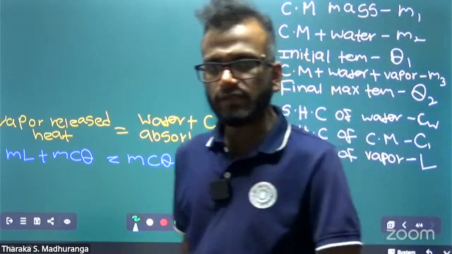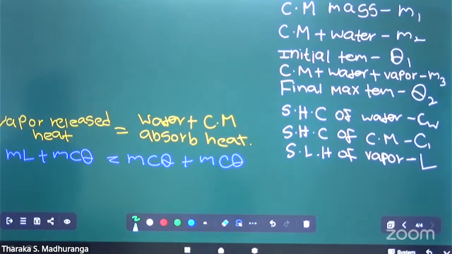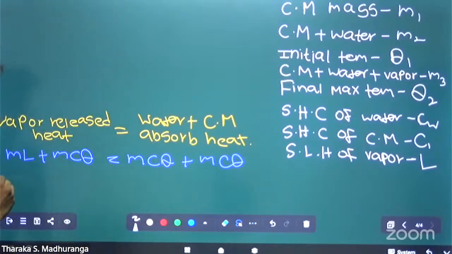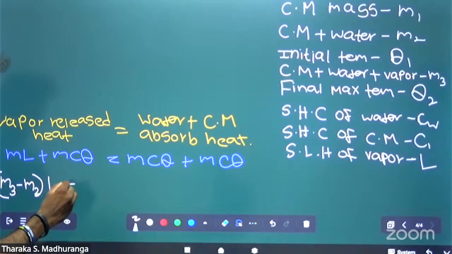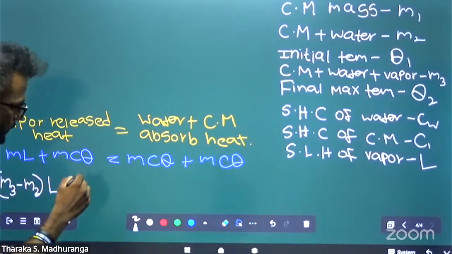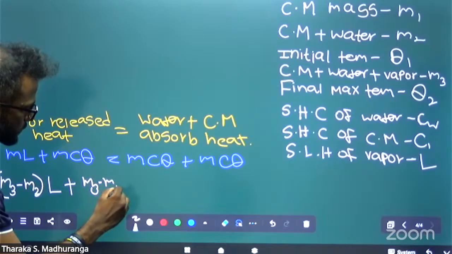Same as previous. M3 minus M2. Good. Simple, right? L we don't know. Calculating L is the purpose of this experiment. The mass of the vapor is M3 minus M2, right?